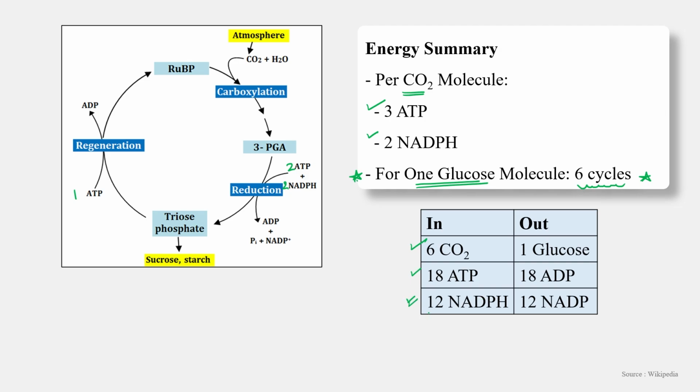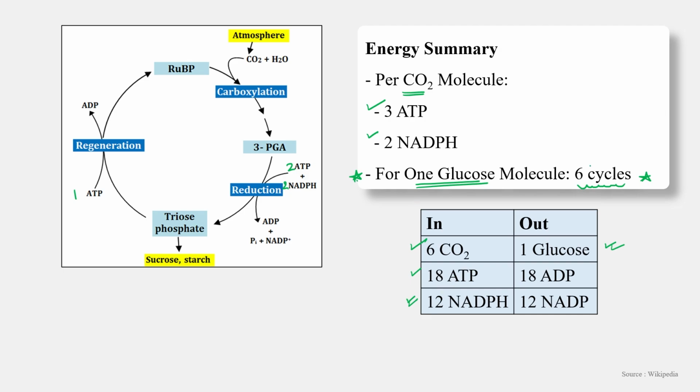So 6 carbon dioxide is utilized for the production of 1 glucose molecule: 6 carbon dioxide molecules, 18 ATP and 12 NADPH.